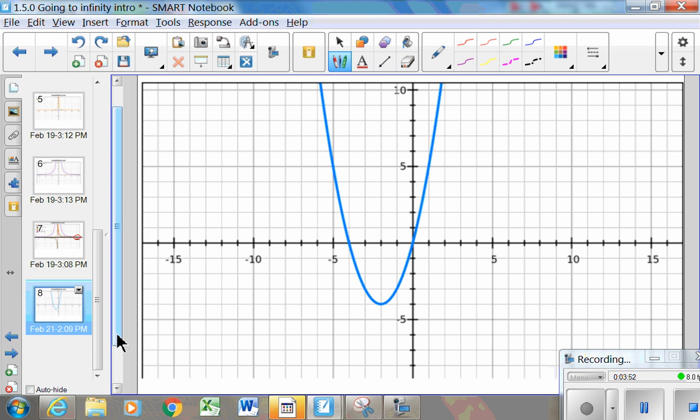So we really want to focus on our skills of working with constant functions and rational functions, and how you apply those things to go to infinity for more complicated functions. So that's a quick intro to some of the skills we're going to work with. The next thing we're going to look at is some actual examples of rational functions.